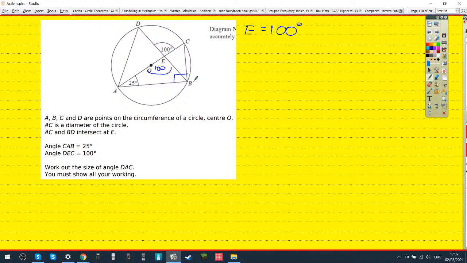Any idea about this angle here? Is it 100? No, it's on a straight line with 100. 30? Yeah. So that's 80.